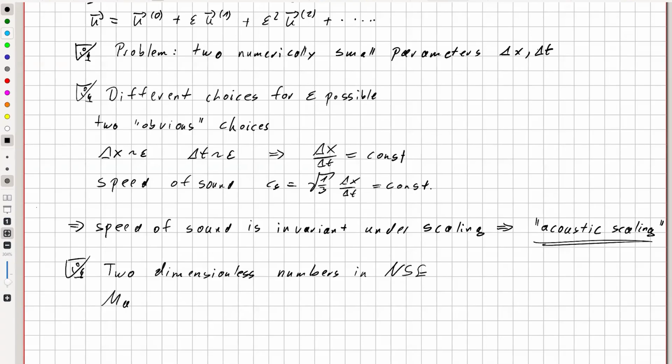We have the Mach number. This is, of course, only for the compressible Navier-Stokes equation. We have Mach number. Mach is equal to U star by Cs. So okay, I'll call this now the physical velocity.